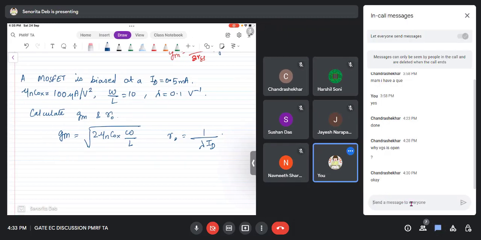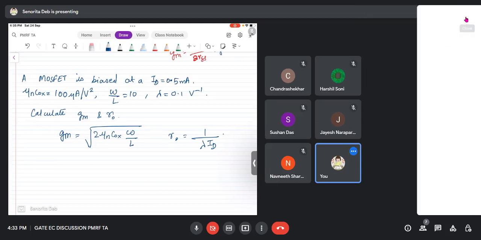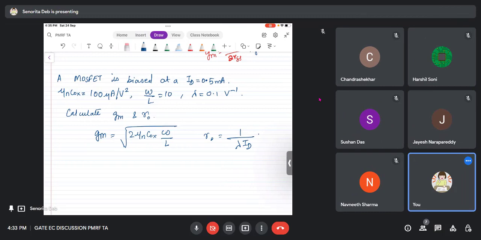Anyone solving? Did anyone get the answer?